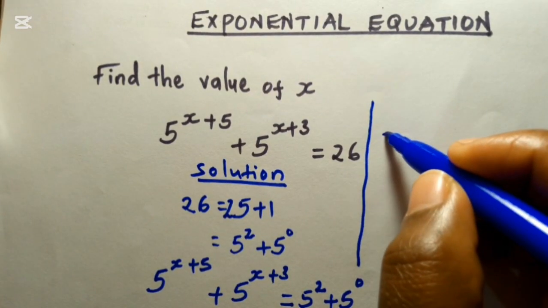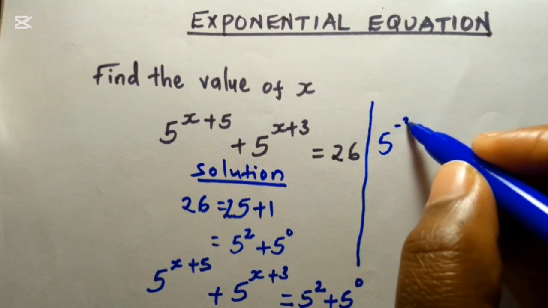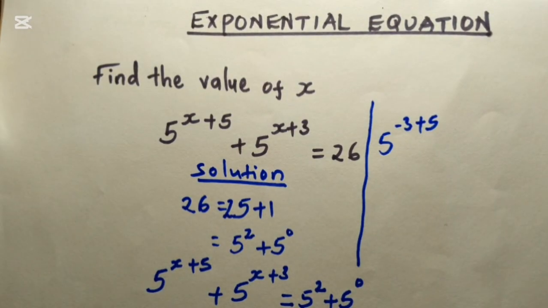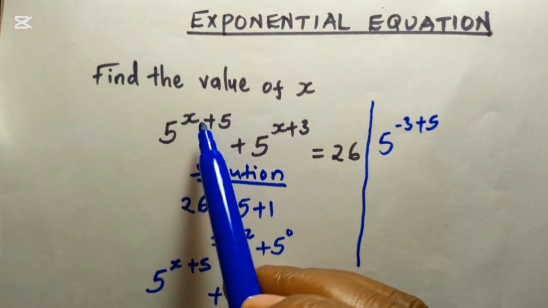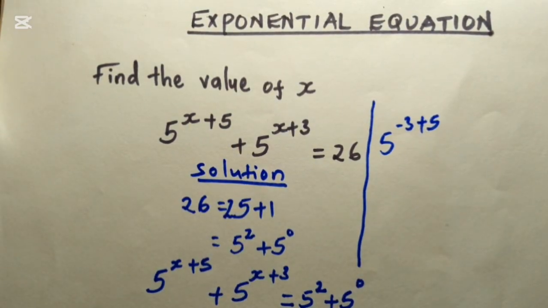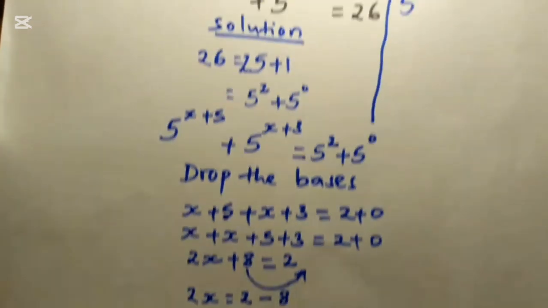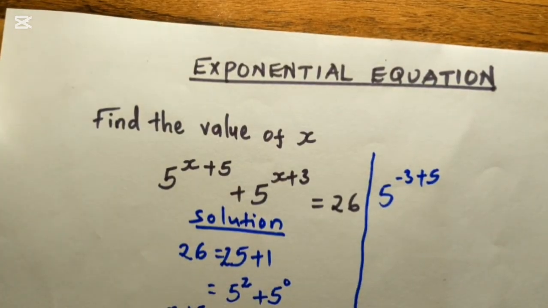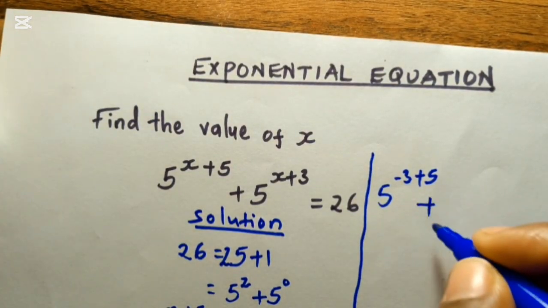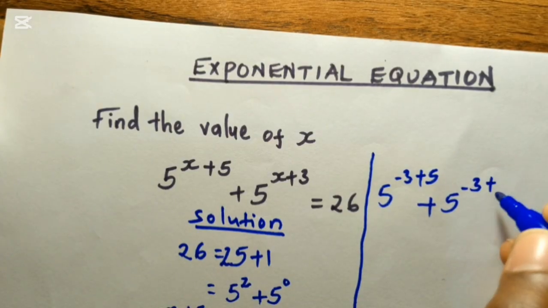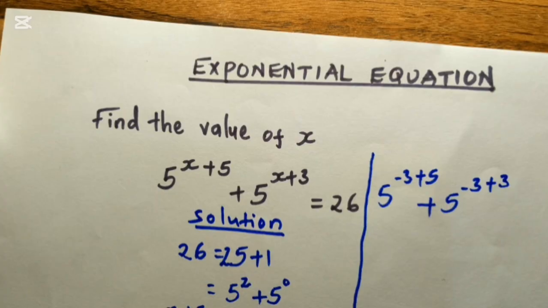So we'll have 5 power negative 3 plus 5, plus 5 power negative 3 plus 3. Let us see what we are going to get.